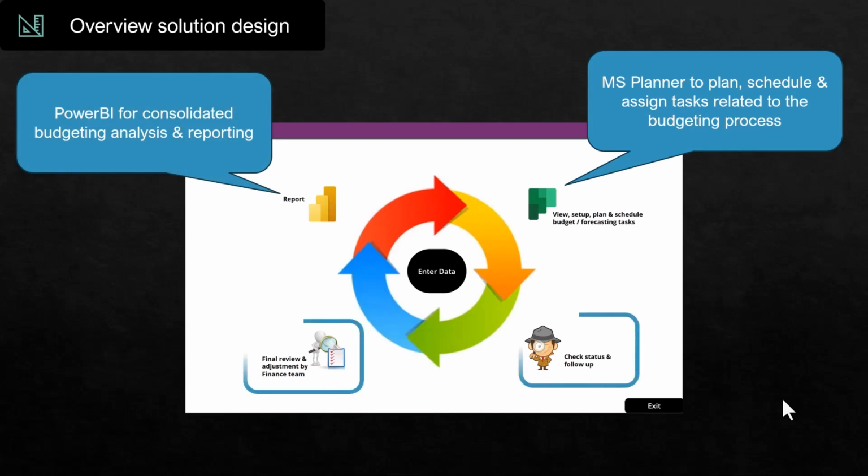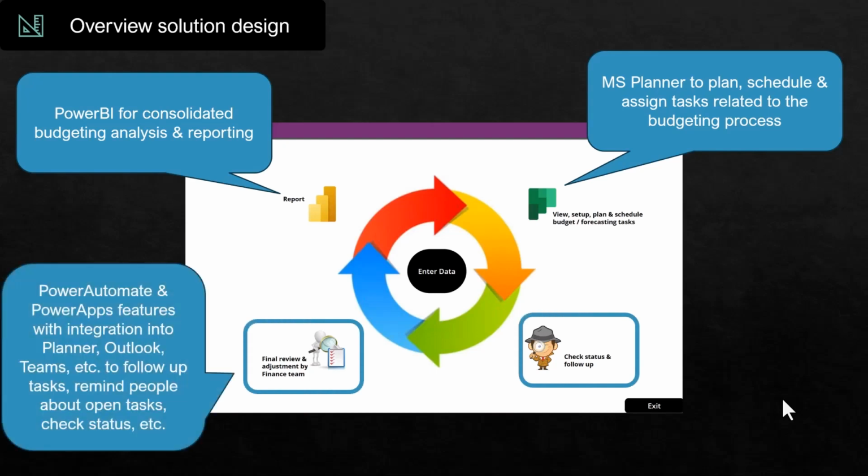And here at the bottom, what I highlight are integrations into Power Automate and Power Apps, where I see connections from Planner, from Outlook, from Teams, and so on, that help me guiding or analyzing the planning and forecasting process. And the most important thing is, of course, the data entry in the middle.